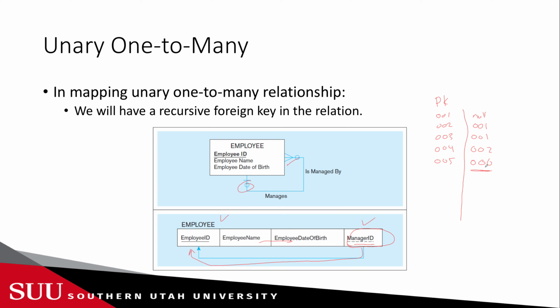Now if we look here, the 006 is not in the set of primary keys, and this is a foreign key, and we said for the role of a foreign key it has to have a primary key that it's referencing. Since we don't have an employee 006, this cannot be inserted, and that is why we need to have it as a foreign key.